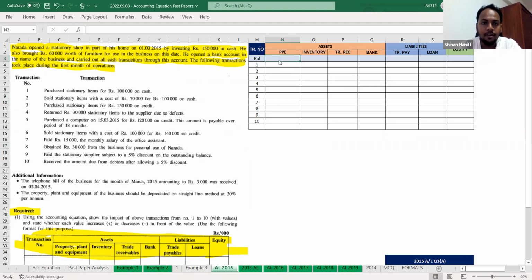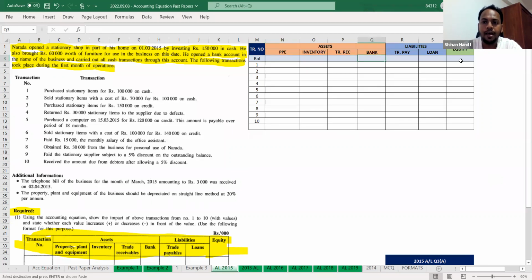Let's write those two balances: 60,000, and the 150,000 bank balance.